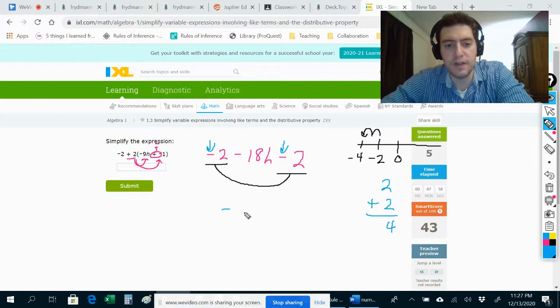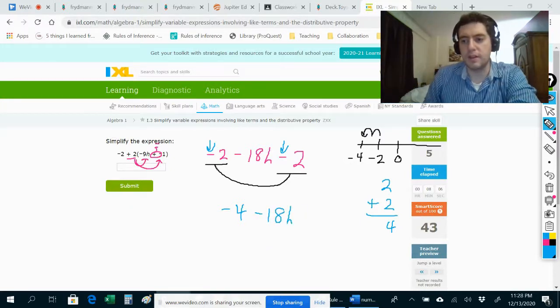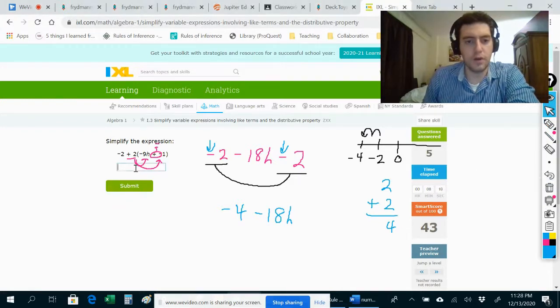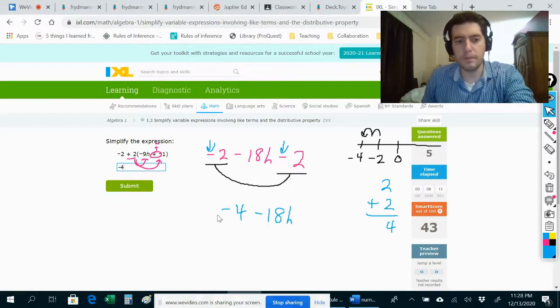Okay, so keep that negative there. So we get negative 4, which is the same thing that we got by thinking of the number line, and then minus 18h. That one can't get combined with anything. All right, so that's our answer for that one. Negative 4 minus 18h.